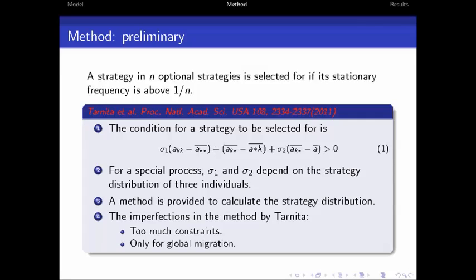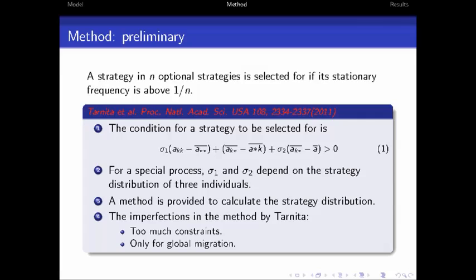For the specific process, sigma 1 and sigma 2 depend on the strategy distribution of 3 randomly chosen individuals. She also provided a method to calculate such distribution.